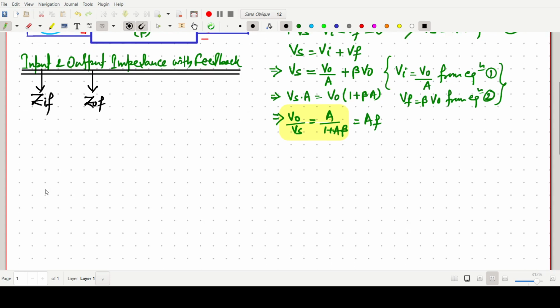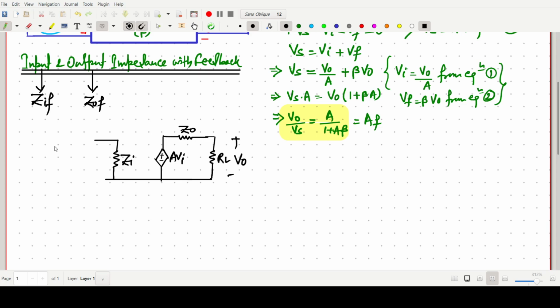For this purpose, we make an equivalent circuit of the amplifier. An amplifier has some input impedance, say Zi, and there will be a voltage source having value AVi, the very simple equivalent circuit, with Z naught, and we take the output across some load, say RL, and this value will be V naught.